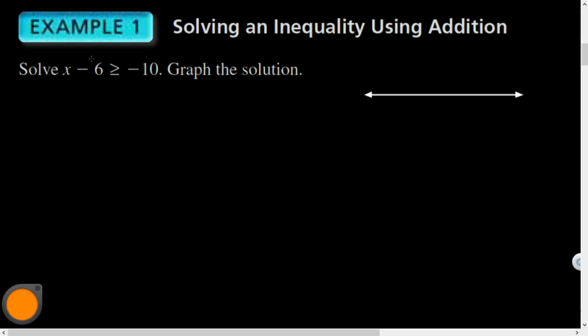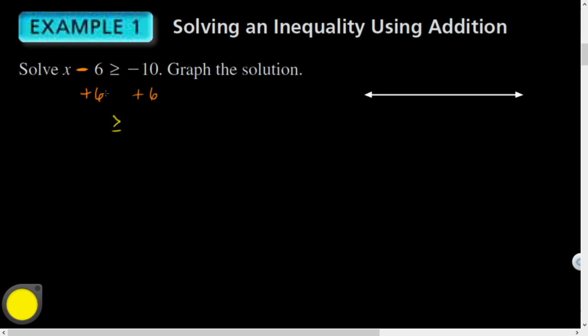How do I get rid of this 6? Well, x is subtracted by 6, so the inverse would be to add 6. And I can't just add 6 willy-nilly. I have to add 6 to both sides of this inequality. Do you think it will still be greater than or equal after doing that?